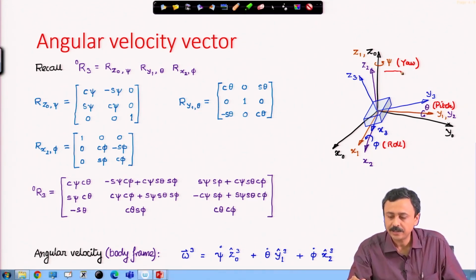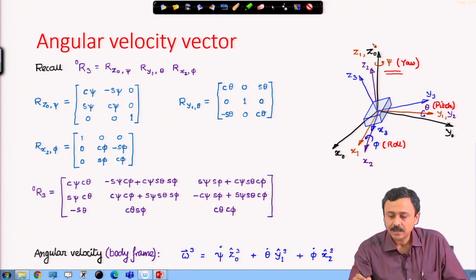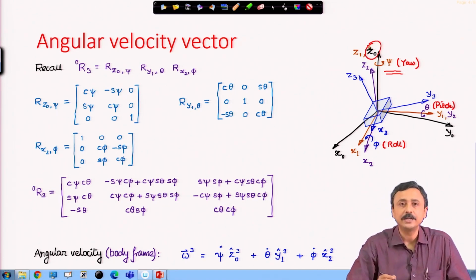is the rate of change of the yaw angle, and that is taking place about the z naught axis, because psi has been defined as a rotation about the z naught axis. Therefore, psi dot must also be represented about that z naught axis.